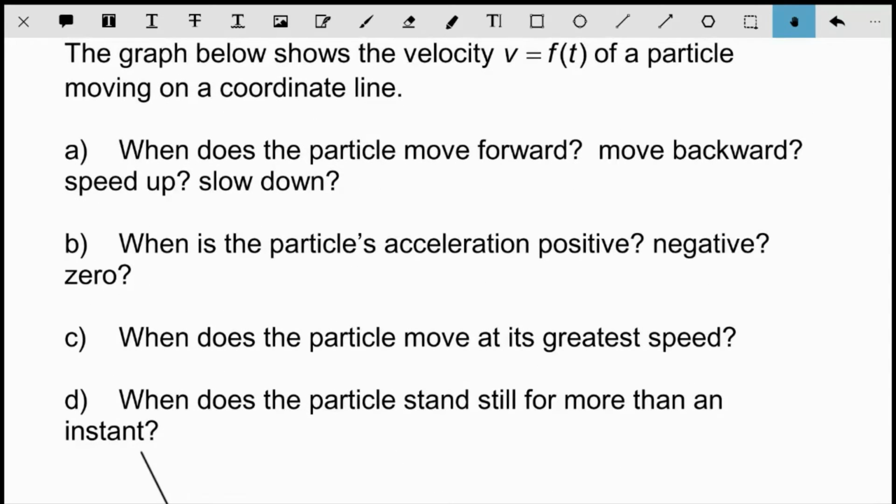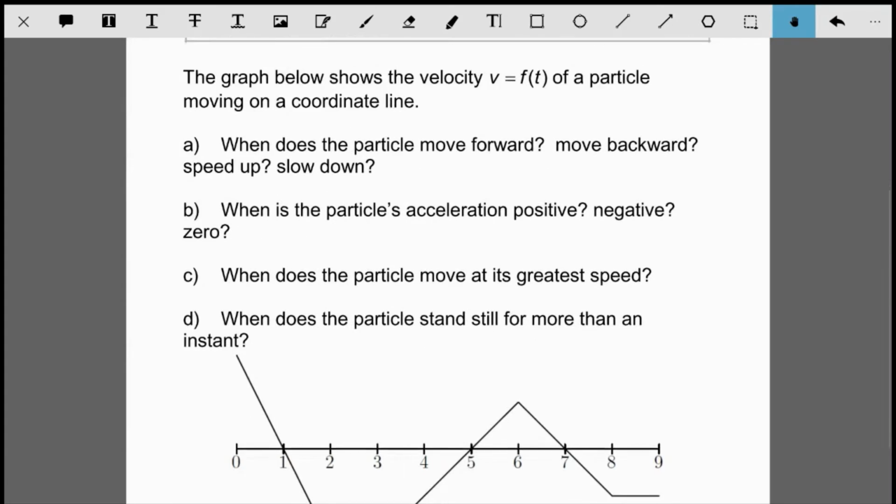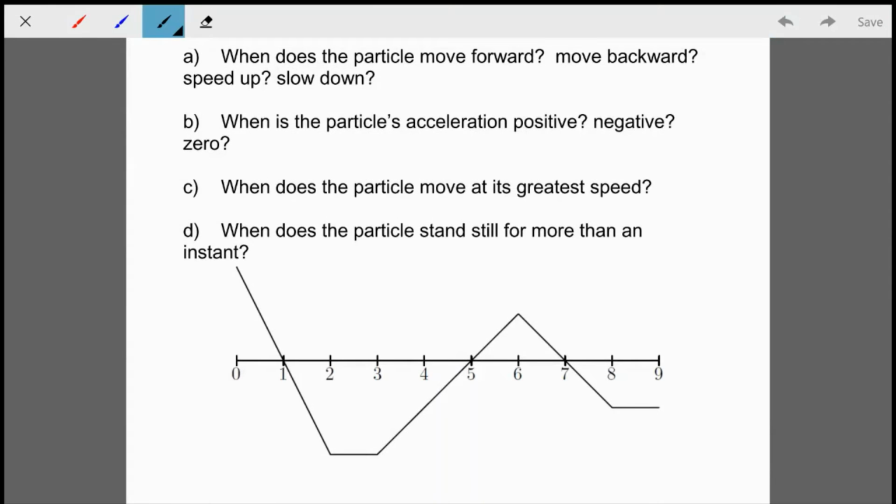Okay, so here's another example that I wanted to talk about. What we're looking at here says the graph below shows the velocity of a particle moving on a coordinate line. And they have a bunch of questions about moving forward, moving back, acceleration, speed, and then constant. So notice that there's not really a lot of information given on this graph.